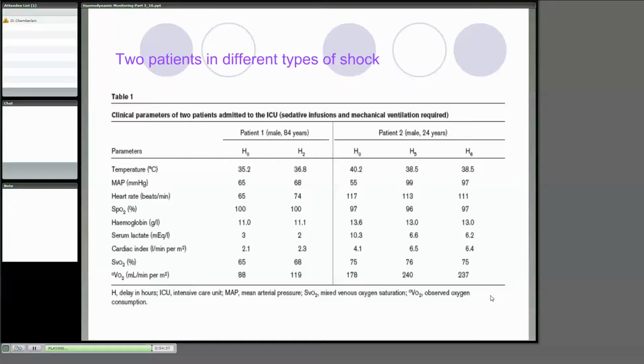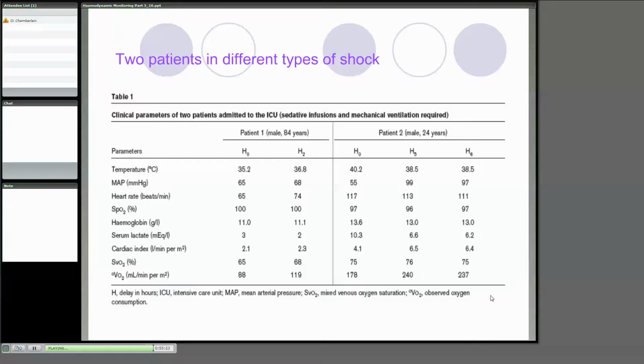We've got a male, 35.2 temp. It's warmed up a bit. We have a male who has a very high fever, and he cools down a bit. The first male has a mean arterial pressure of 65. That rises over 2 hours to 68, and our younger chap has a very low mean, and it rises to very high, doesn't it, the mean arterial pressure? Heart rate in the elderly gentleman, 65, that rises nicely, and patient 2, very high heart rate, and that reduces down there.